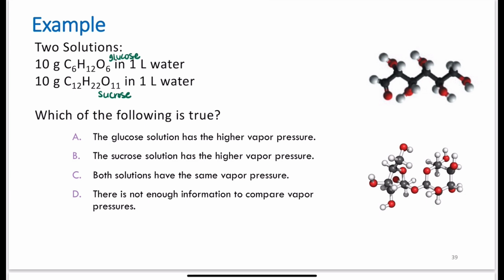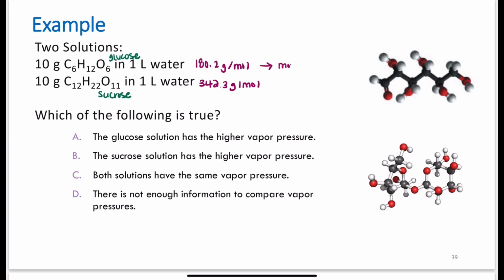So we can't compare grams. This example is comparing grams, though. So what do we do with that? We think about their molar mass. This has 180.2 grams per mole. This one is 342.3 grams per mole. You can do it conceptually or mathematically, technically, yes, but I want you to think about it conceptually. If I have 10 grams of each one, that means that I have more of these.